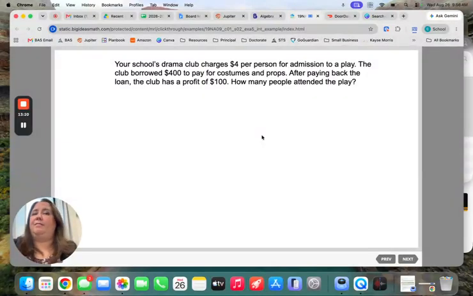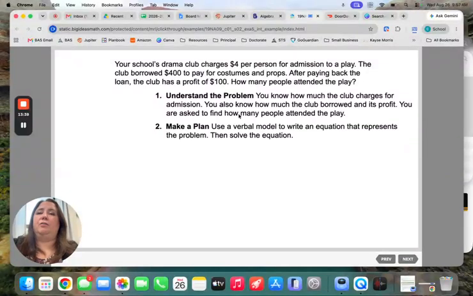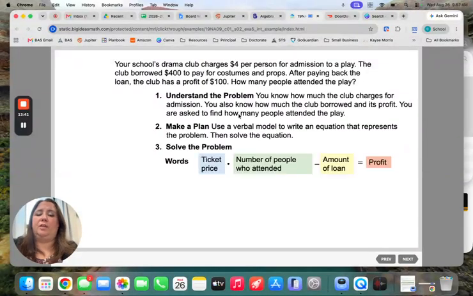So we got to example 5. Your school's drama club charges $4 per person for admission to a play. The club borrowed $400 to pay for costumes and props. After paying back the loan, the club has a profit of $100. How many people attended the play? So first, since this is a word problem, let's figure out what kind of math we're going to be doing.